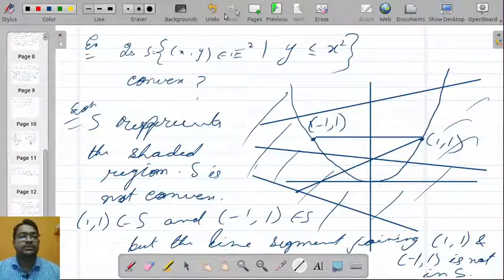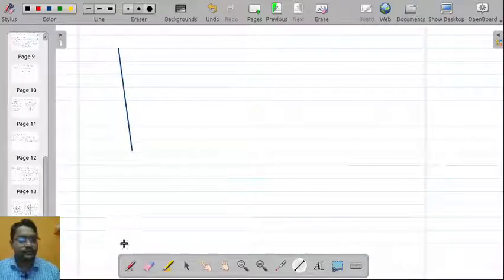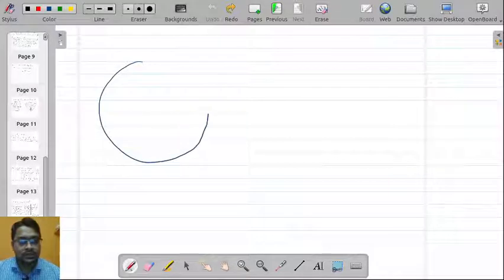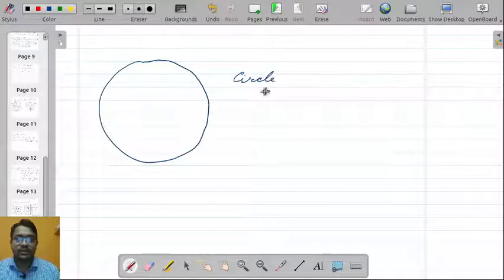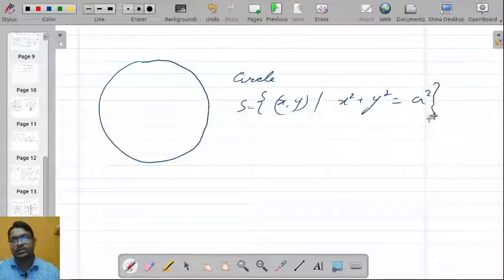Similarly, you will see this circle itself is not a convex set. Circle: say S equals the set of all those (x, y) such that x square plus y square is equal to a square. This is not convex.